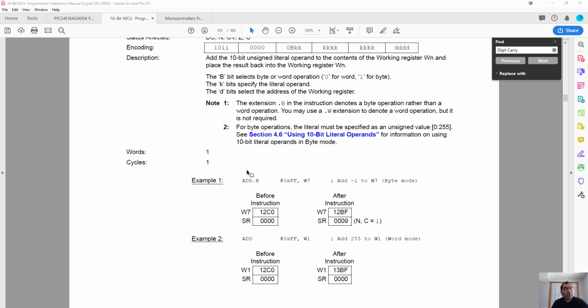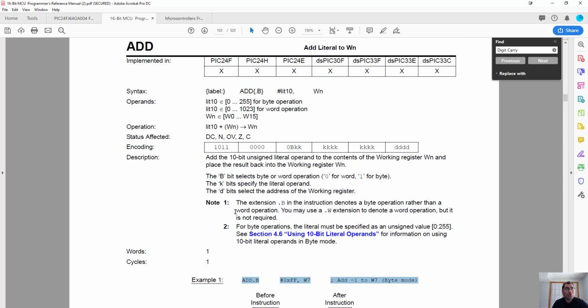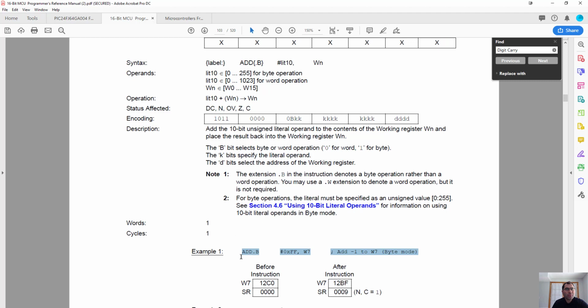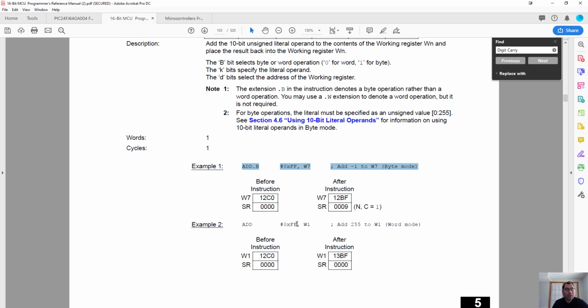Now let's look at how this instruction affects the content of the working register and also the content of the status register. For every instruction, you have all this information, and on top of it you have really useful examples about how that instruction affects the registers, status registers, working registers, the memory, and so forth.